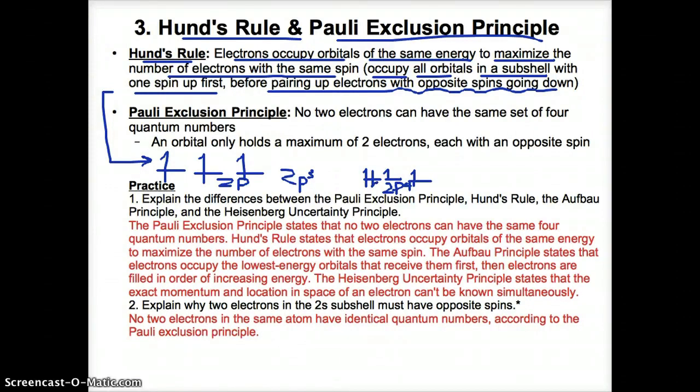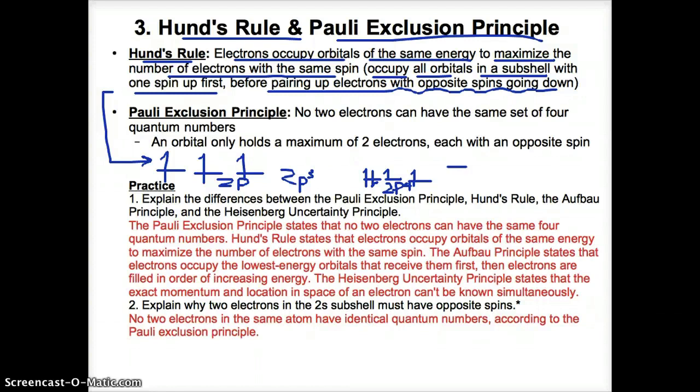If it were 2p5, we would put the 5th electron pairing down like this, and for the 6th electron in 2p, we would put it going down like this. So really, Hund's rule just states to keep as many electrons occupying orbitals of the same energy with as many spins up as possible. You should always do this as much as possible.